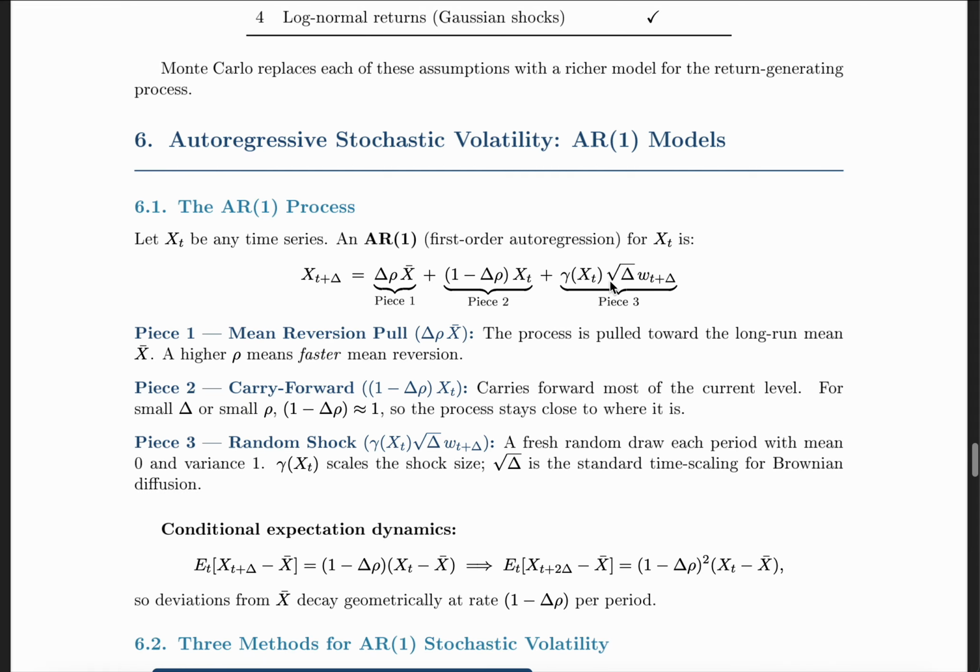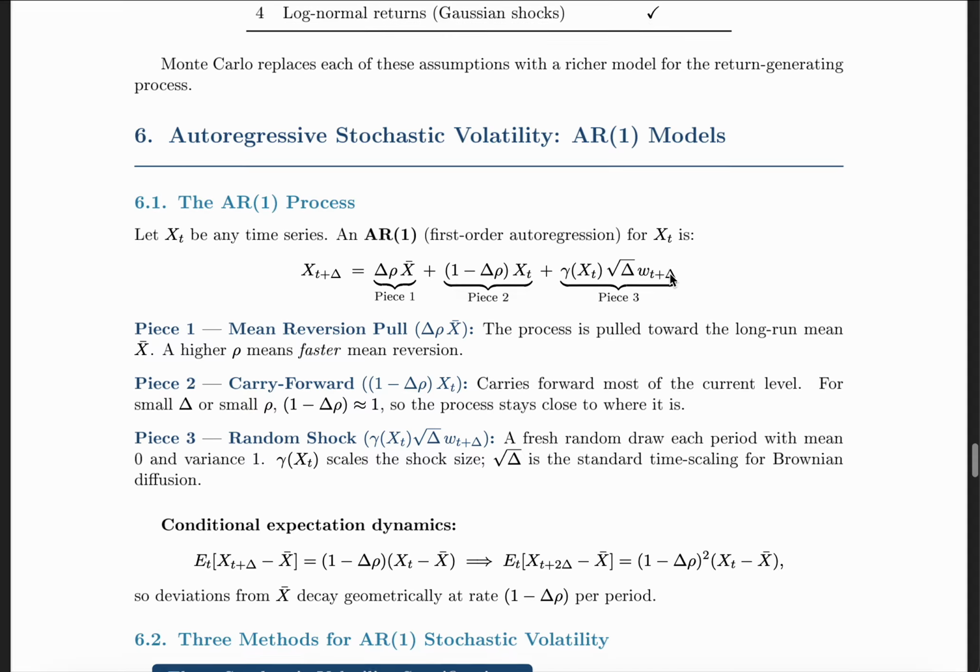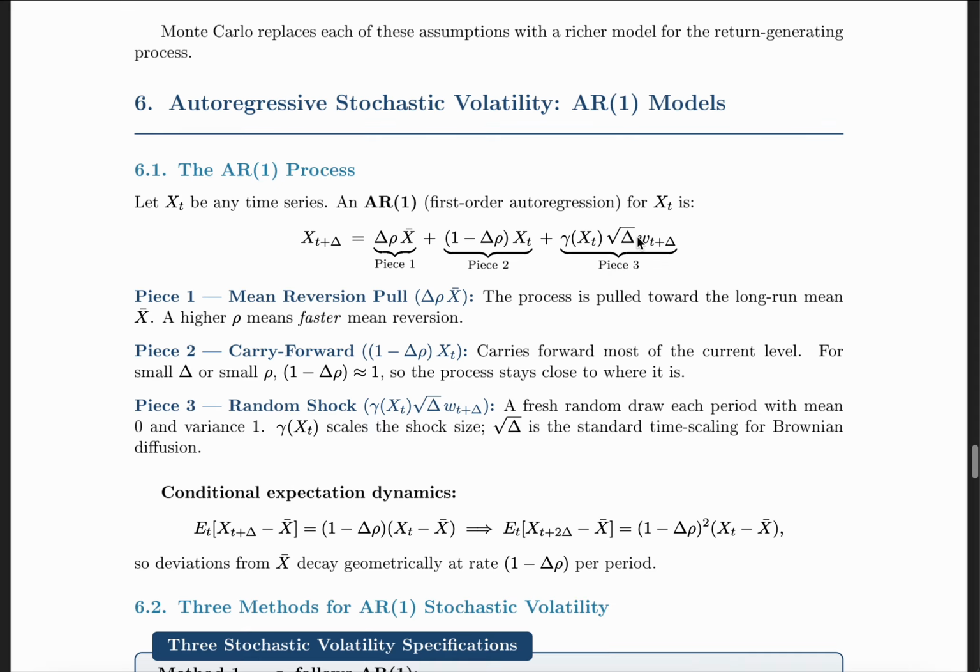The larger this is, the more random our model becomes. And then the square root of delta scales with time, and then this omega term is a random shock. We're going to simulate this as a random draw each time that has a mean of 0 and a variance of 1. Okay, so this is our model right here, and this applies to any random variable.